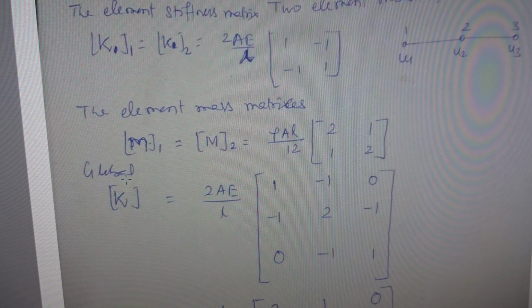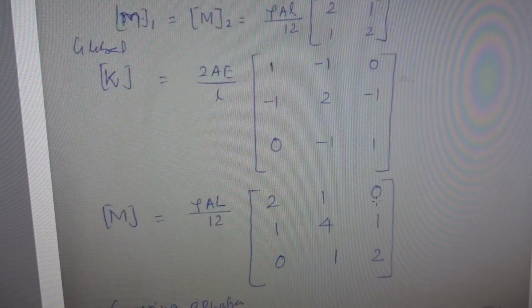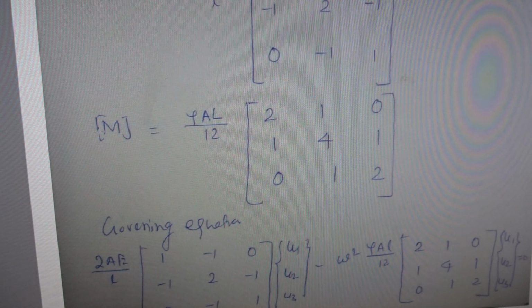Now the global stiffness is equal to 2AE by L, with 1 -1 0, -1 2 -1, 0 -1 1. Similarly, you assemble the global mass matrix.